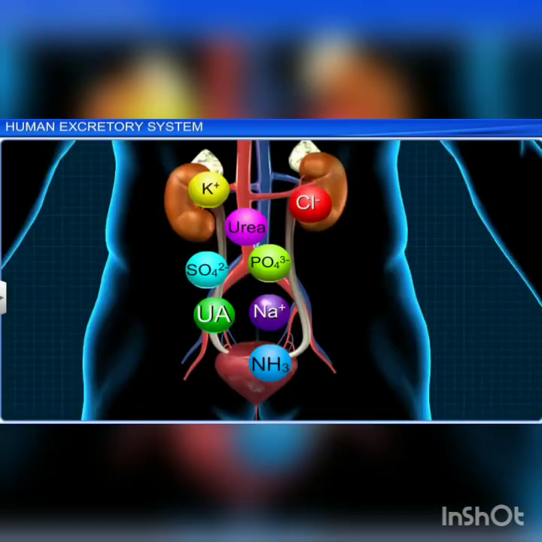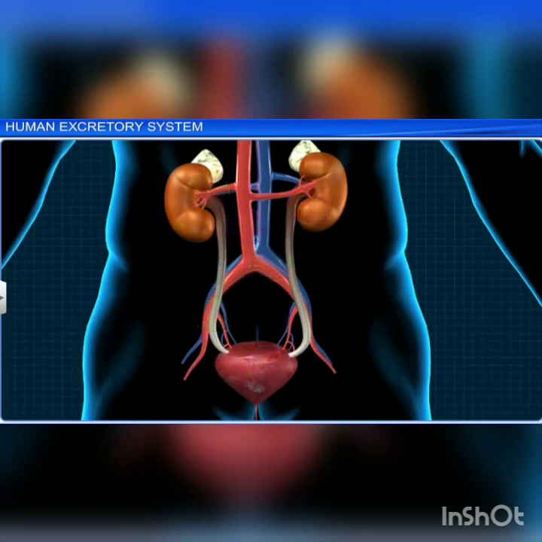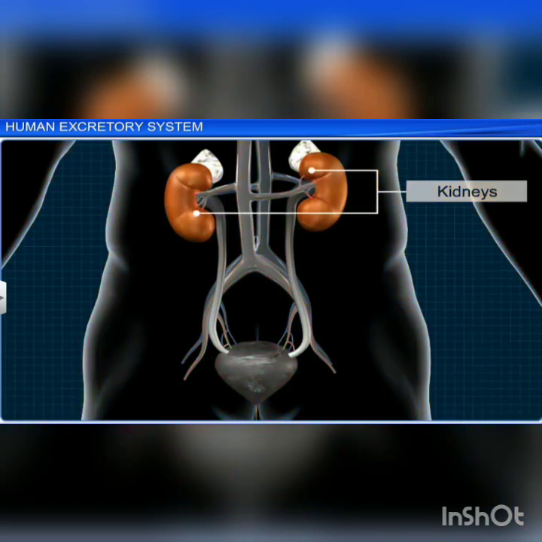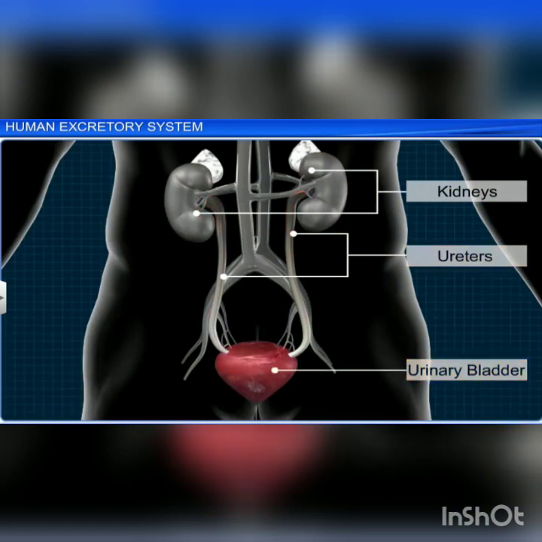The excretory system is a biological system that helps in the removal of metabolic waste products from an organism. Much of the excretion in man is executed by the urinary system, which constitutes a pair of kidneys, a pair of ureters, a urinary bladder, and the urethra.